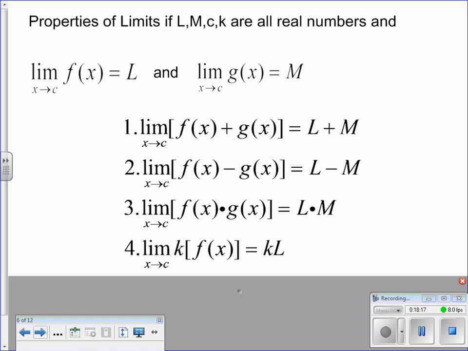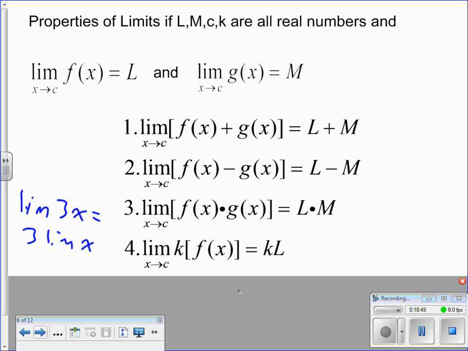The limit of a constant times a function is that constant times the limit. So to kind of illustrate this one, if I have, let's say, the limit of 3x, well, that's equal to 3 times the limit of x.